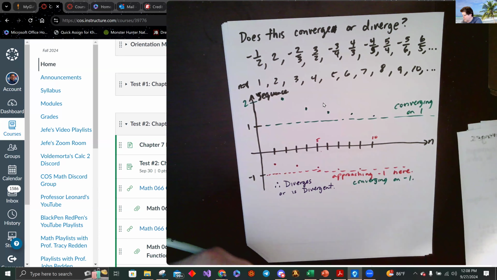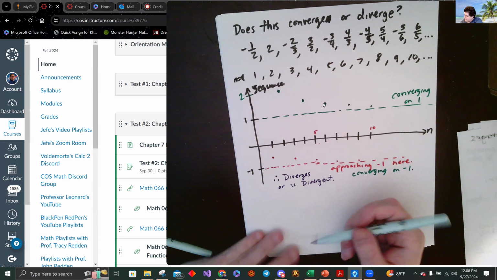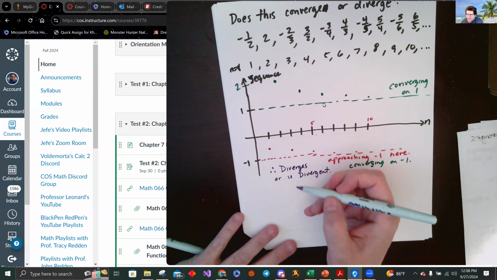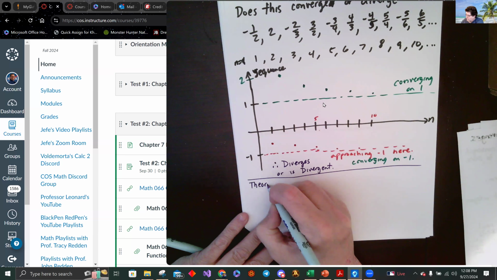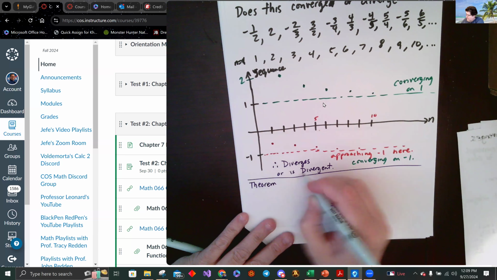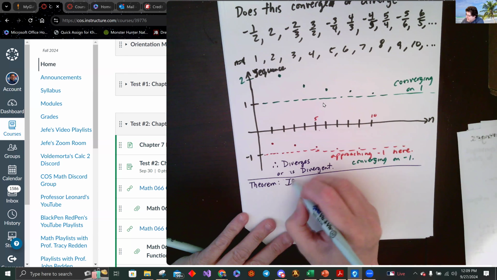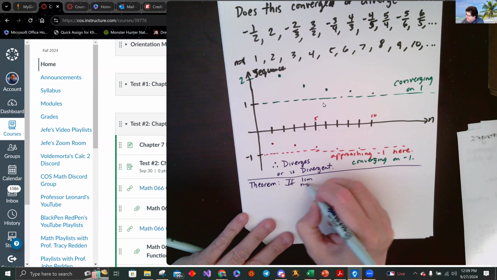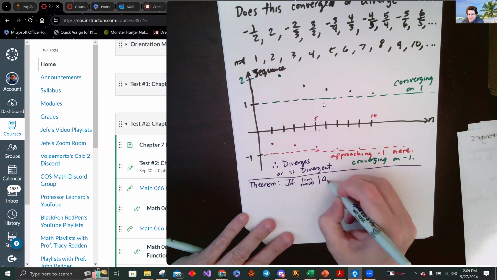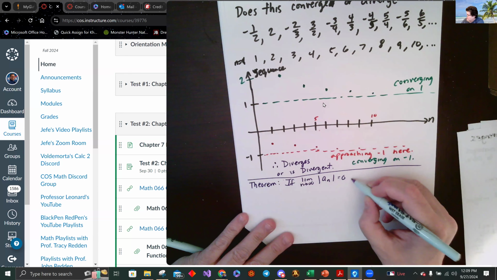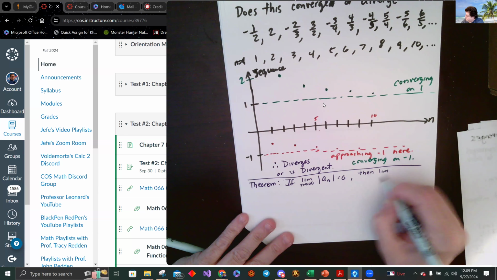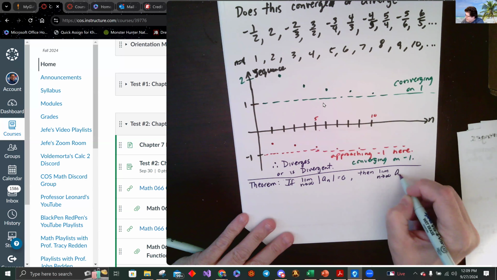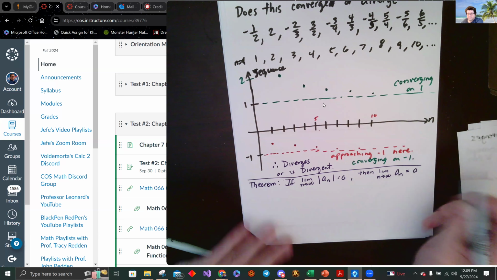We do have a theorem that we can use that's kind of nice, and it makes sense coming from this picture. If the limit as n goes to infinity of the absolute value of a sub n equals 0, then the limit as n goes to infinity of a sub n itself goes to 0.